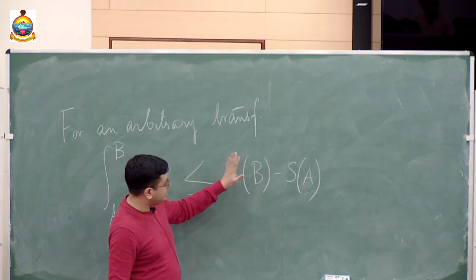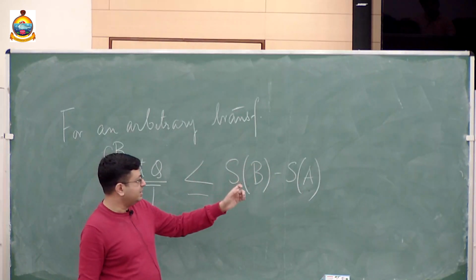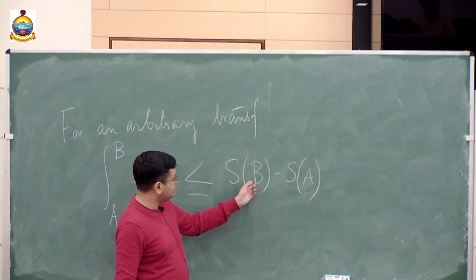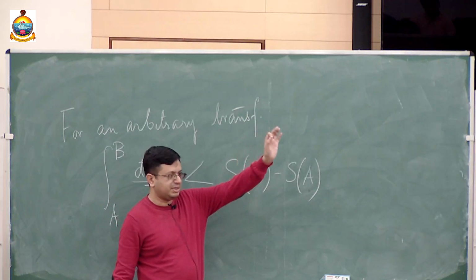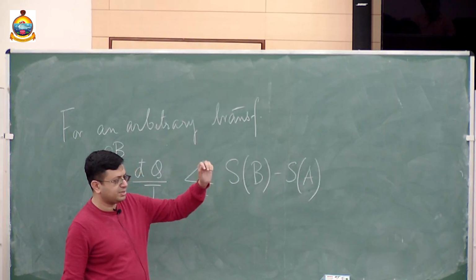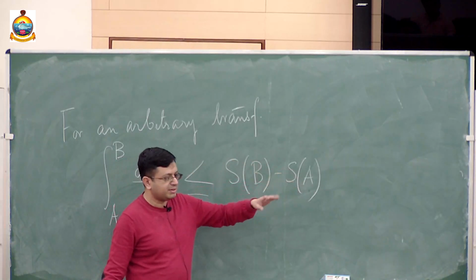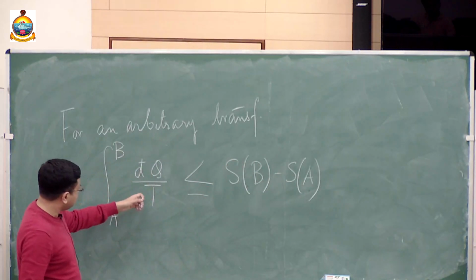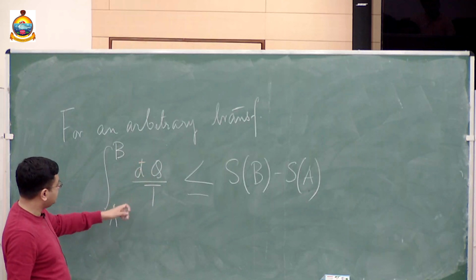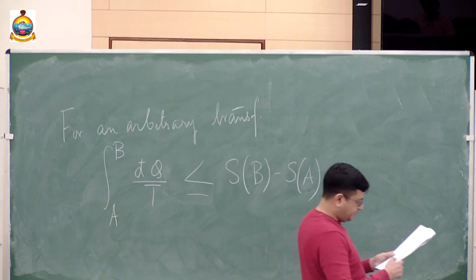Please understand that the right hand side is completely independent of how you go from A to B. It's just a difference of the values of the entropy at the end point and at the initial point. It doesn't care how you go from A to B, while this quantity by its very construction depends on the path that you take.